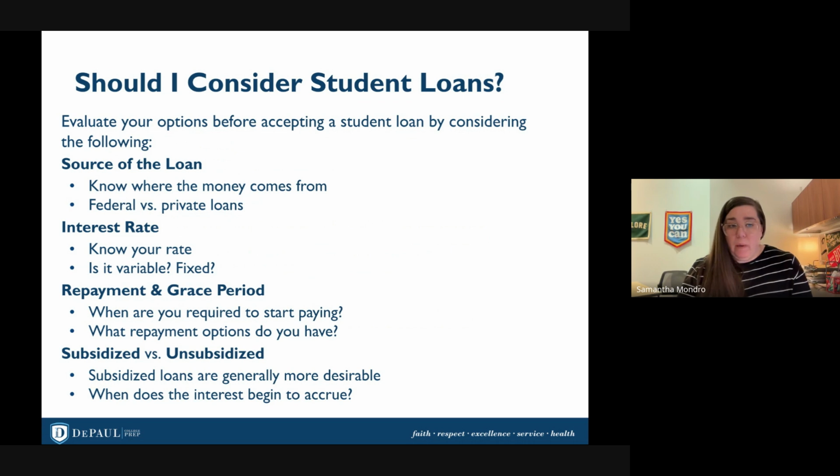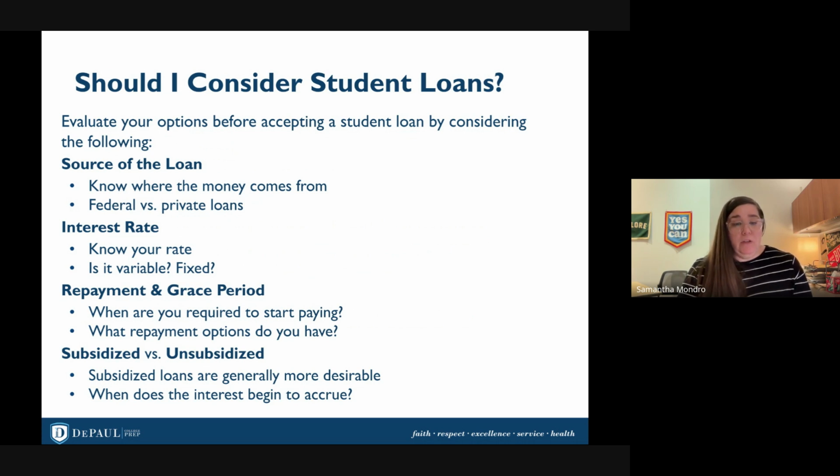Where is the money coming from? Federal student loans look very different than private loans, and we'll talk a little bit about some of the differences there. You'd want to be very knowledgeable about your rate of interest because anytime you borrow money, there will be an interest rate involved. Is it variable? Is it fixed? Will it stay the same or will it change? Repayment and grace periods: loans are very different, and their repayment terms and grace periods are very different.